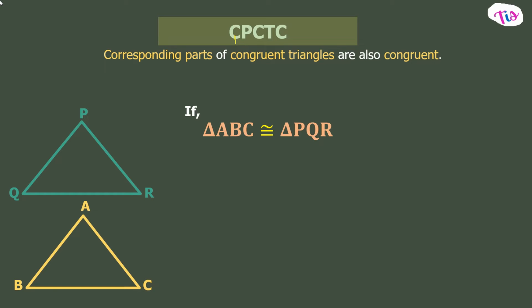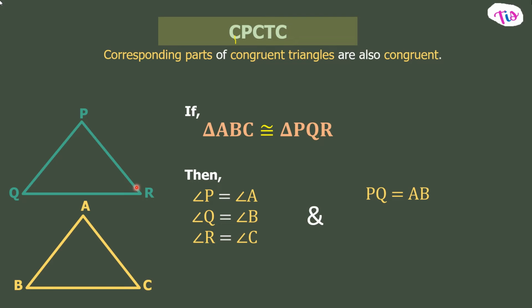Like in this case, if triangle ABC is congruent to triangle PQR, then the corresponding parts mean angle P is equal to angle A, angle Q is equal to angle B, angle R is equal to angle C. And corresponding sides will also be equal because of CPCTC.